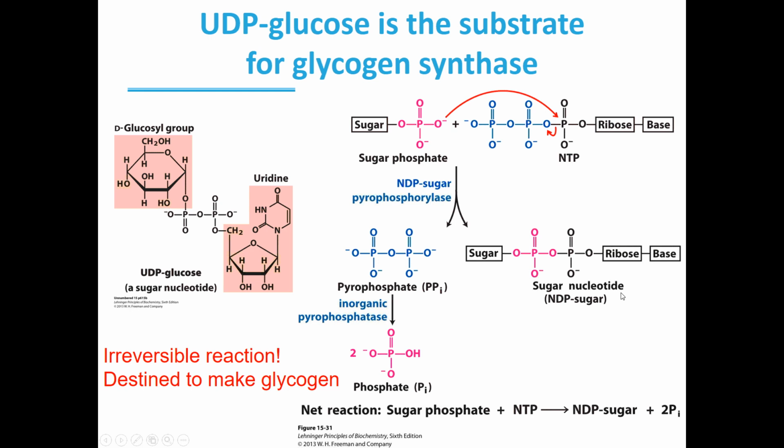So we get a nucleoside diphosphate sugar. This reaction is driven by the release of pyrophosphate. So see, we have 1, 2, 3, 4 phosphates, 2 remain, 2 are released, and the subsequent breakdown of this pyrophosphate is going to really drive this reaction forward.